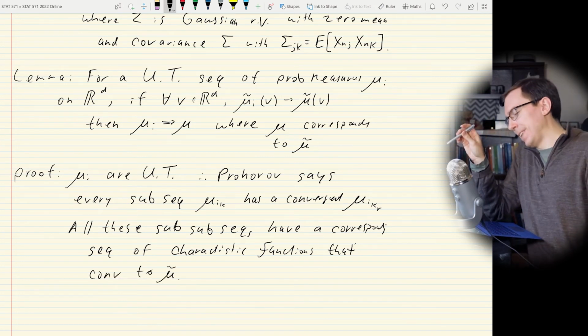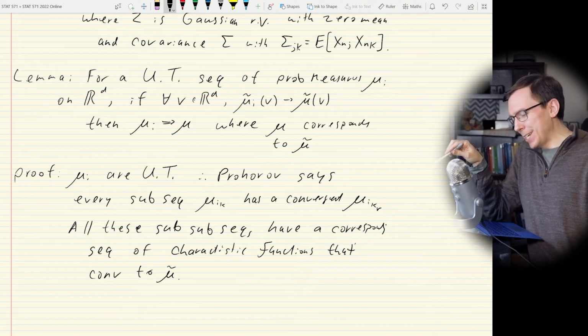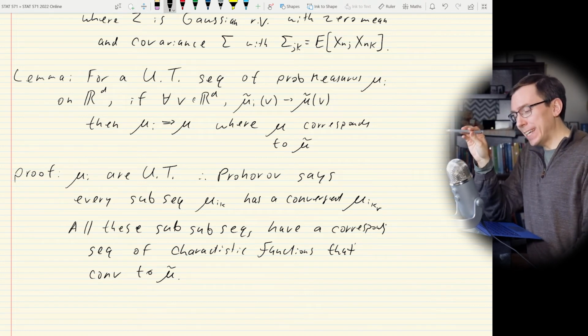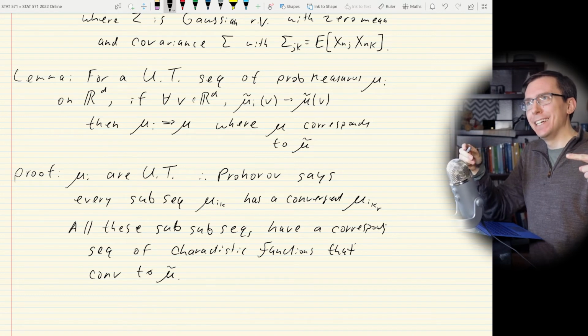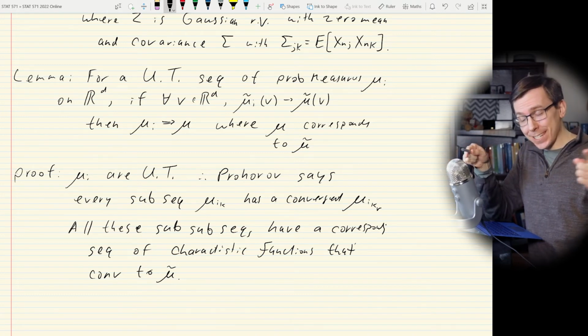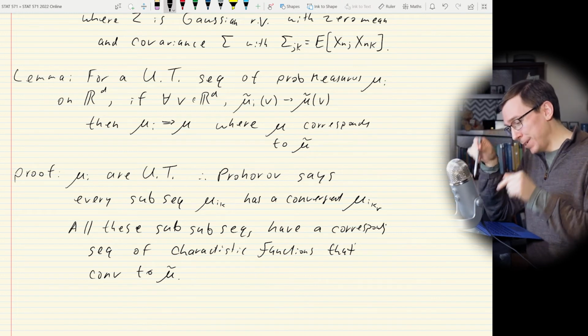So the point is that we have all these subsequences. They're all converging. All of them can be transformed into their characteristic functions. All of the characteristic functions are going to converge to the same mu tilde.